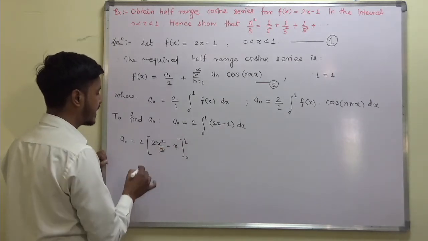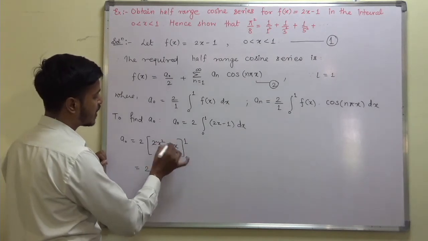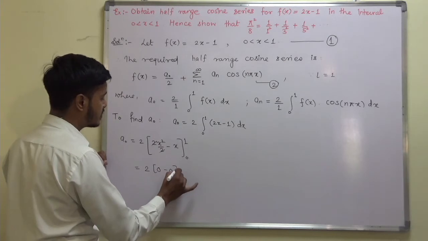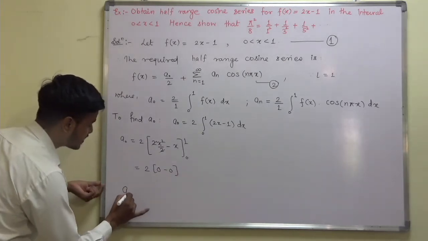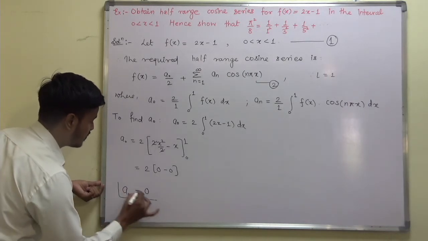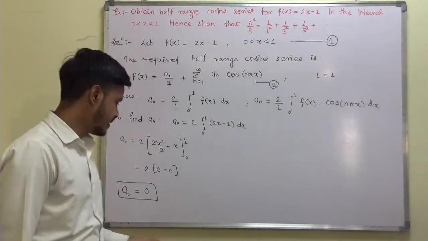This 2 gets cancelled, so we have 2 times 1 square is 1 minus 1, 0. Upper limit 0 minus 0, 0. So here I am getting my a0 to be 2 into 0. So a0 comes out to be lucky number 0.